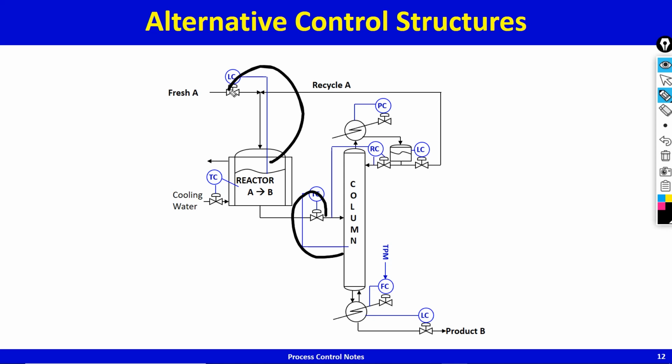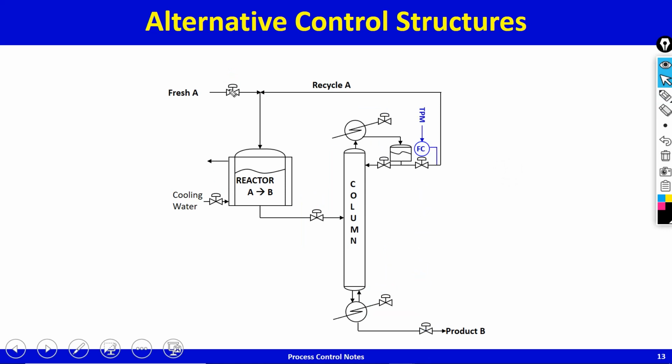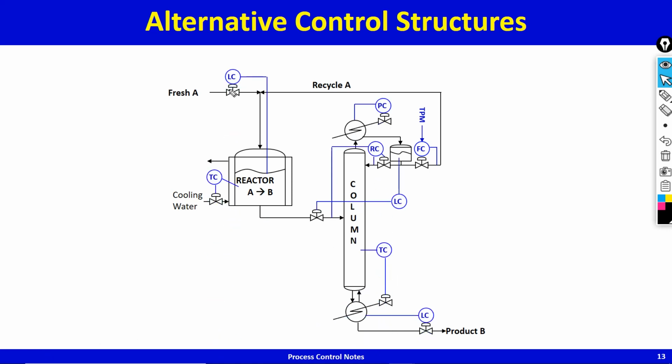You can go on and on and on. There's no throughput manipulator at a recycle or the distillate from the column. And I will leave the explanation to you so you can think what is going on, but basically this is another control structure.